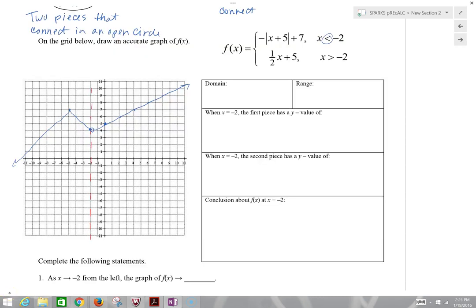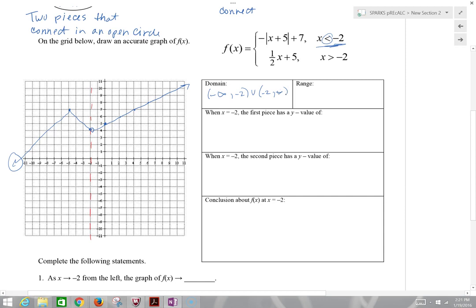Let's talk about the domain. When we talk about domain, we're starting with the very smallest x value, which from that arrow we can see, there's no end point to the left, so all reals to the left. So we start with negative infinity, and then when we get to -2, where I broke it, it's an open circle, so it's open, and then we have -2 to positive infinity.